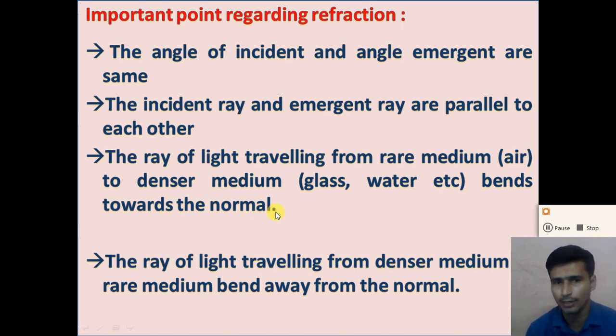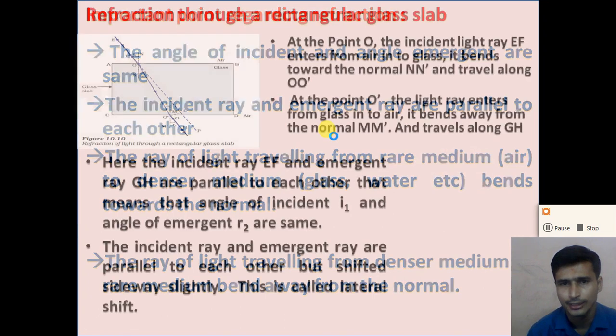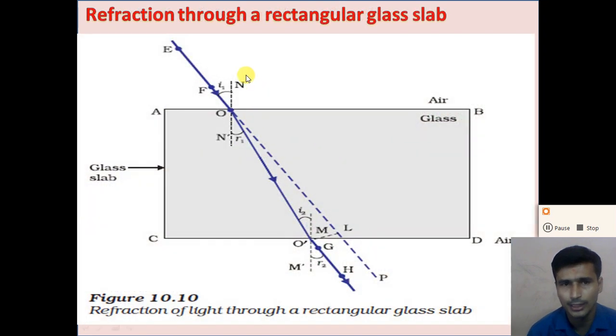Similarly, if you see in the previous case, when the ray of light travels from air medium to glass medium, the ray of light bends towards the normal in this direction, right?